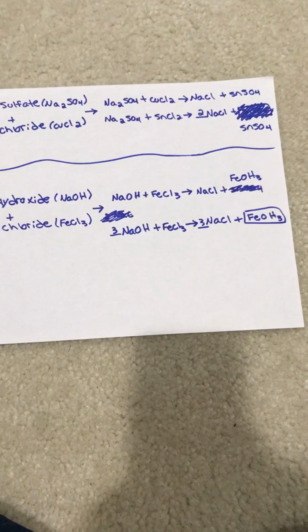Then to balance that, you put a 3 in front of the SrCl2 on the left side, and a 3 in front of the NaCl on the right side. So your products are 3 NaCl plus Sr3PO4, and Sr3PO4, or strontium phosphate, is our precipitate.